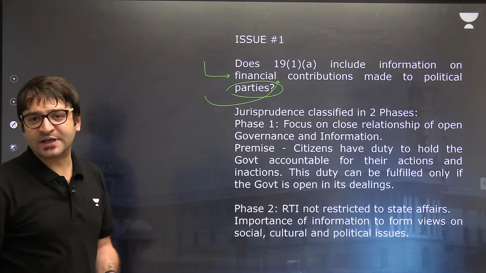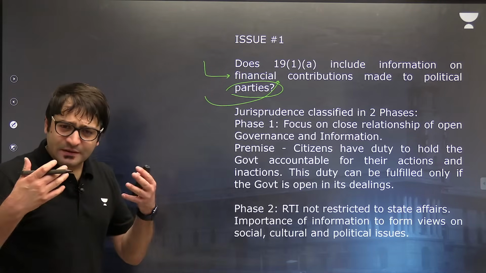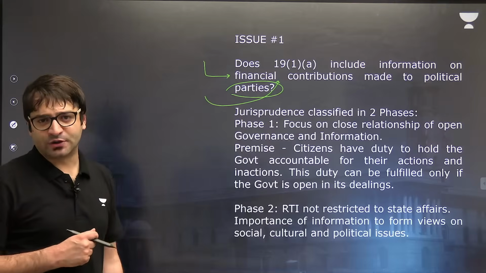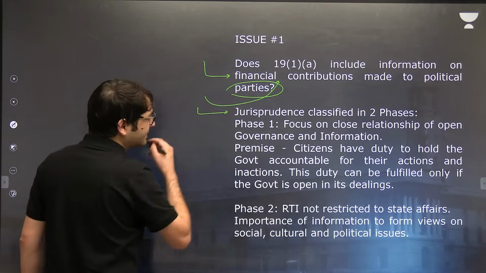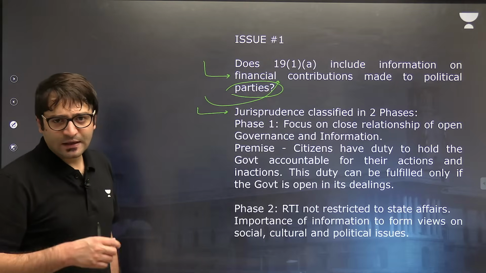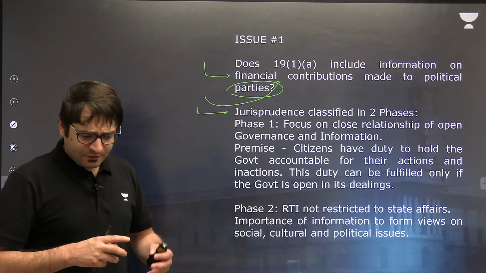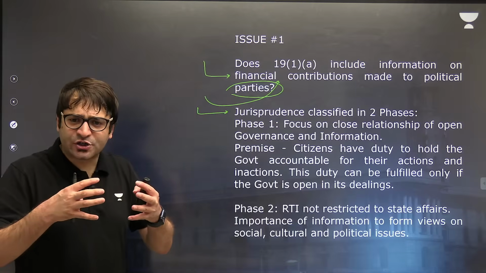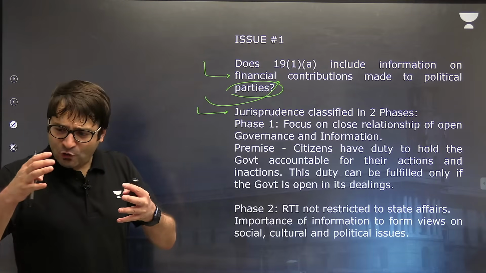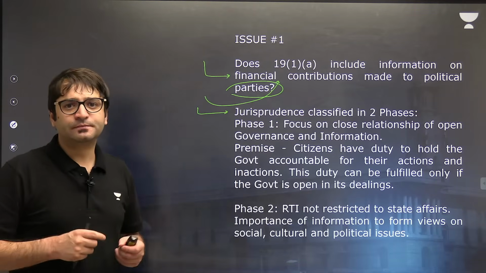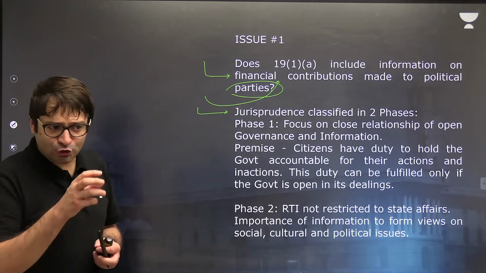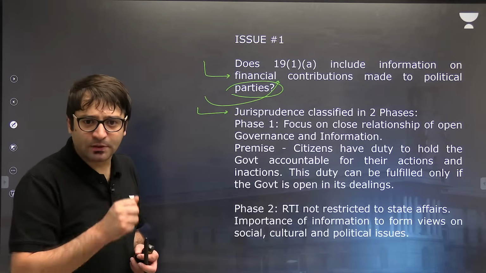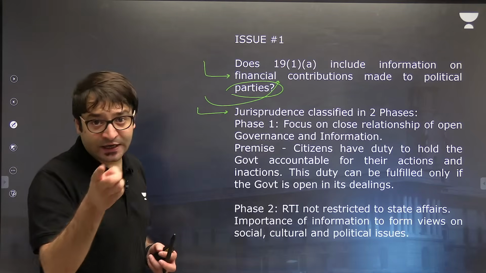For that, the Supreme Court said our decisions on the right to information can be classified into 2 phases. In phase number 1, we focused on the close relationship of open governance and information. Citizens have the duty to hold the government accountable for its actions or inactions.